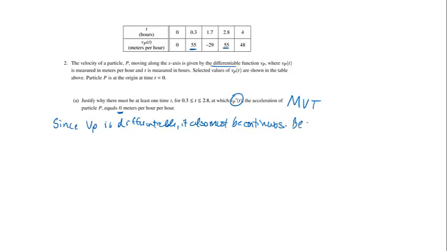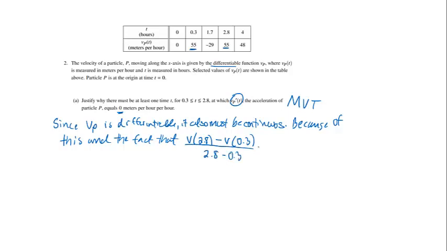And then, because we need to say it's continuous and differentiable, we have to show that the average rate of change is equal to 0. So I'm going to say v of 2.8 minus v of 0.3 over 2.8 minus 0.3 is equal to 55 minus 55 over 2.5, which is equal to 0. Because of that fact, we can use the mean value theorem.